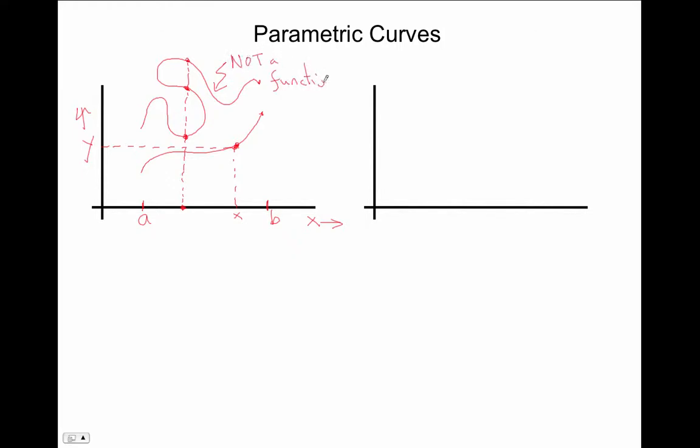So then the question is, how does one deal with such curves? The best way to think about this is to think of a particle. Let's say that the particle starts off over here at x equal to a, and it starts moving off with time. So now it is here, later it is there, then it starts coming back in x and wanders all over the place and ends up finally over here at b.